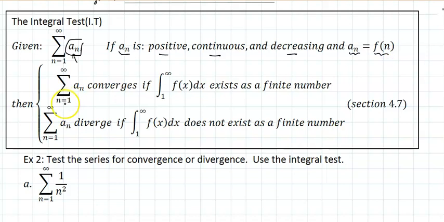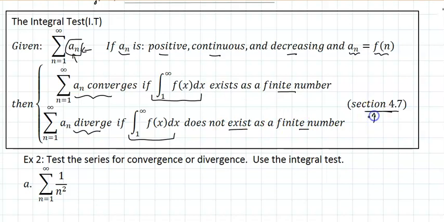Then this series will converge if this integral exists as a finite number, section 4.7, and this original series will diverge if this integral does not exist as a finite number, if you get infinity or negative infinity.